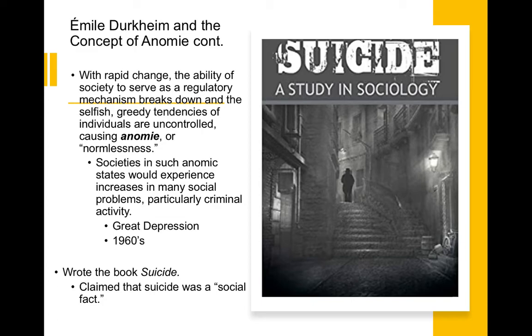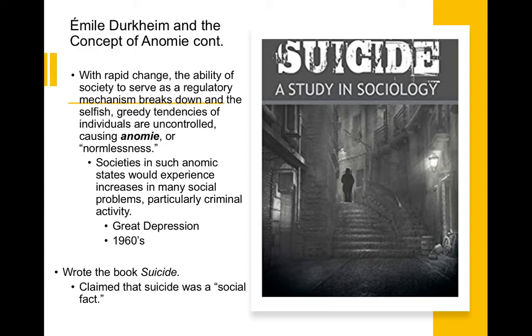So, for example, whether the US economy was improving, as it was in the 1960s, which is why I mentioned it, or quickly tanking as it was during the Great Depression, according to Durkheim, both of these would produce more criminal activity due to the lack of stability in regulating human expectations and desires.